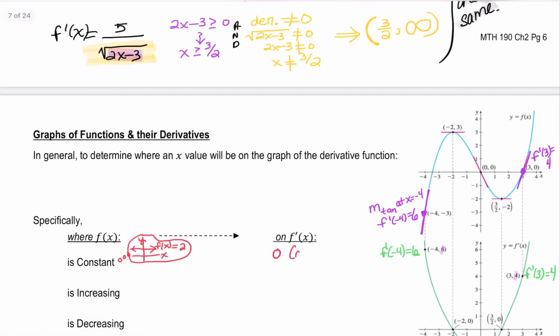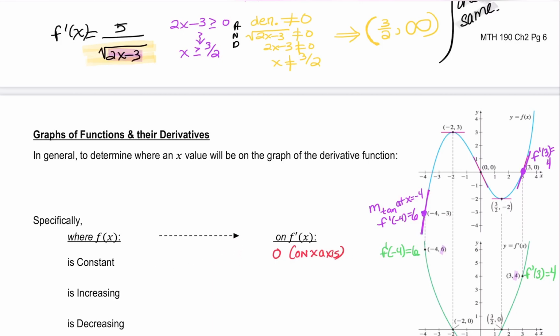So its derivative would actually just be at 0. It would be on the x-axis. Okay, so that's what we're looking at there. I'm going to erase some of this because I don't want this table to get so cluttered, but that's the line of thinking on that one.